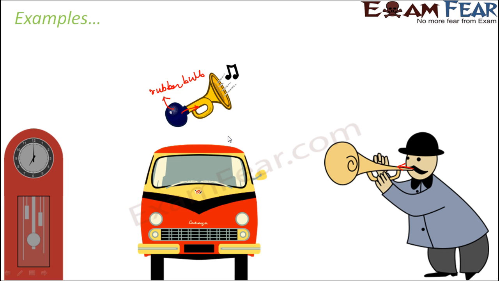So now with this, I hope that you are convinced that yes, vibration produces sound. So in many cases even though we cannot see the vibration taking place, somewhere or the other, whether it is clearly visible or it is hidden, vibration is taking place.